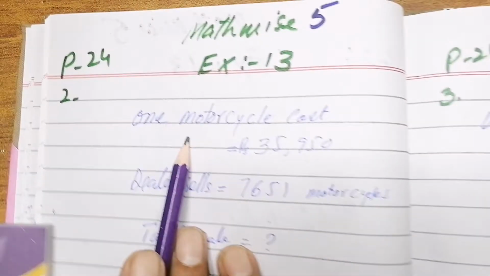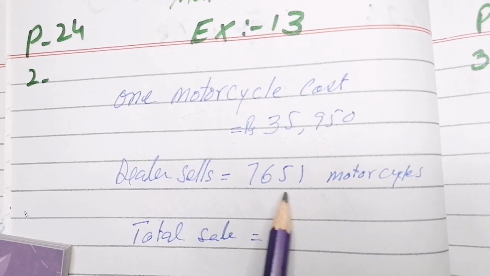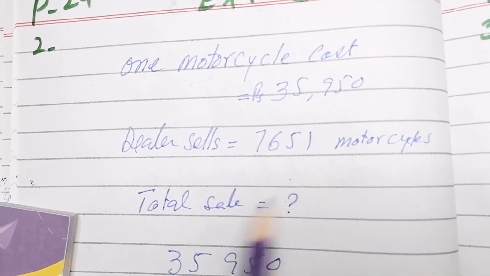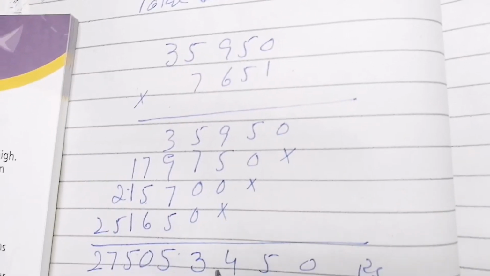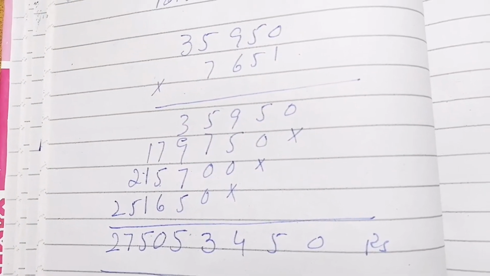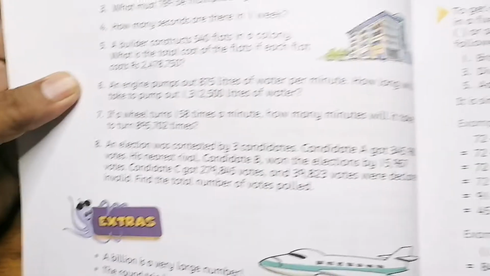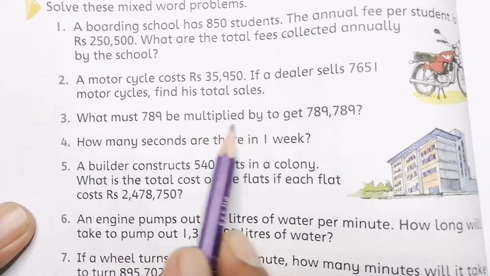We simply multiply the cost of the motorcycle and the number of motorcycles sold, right?